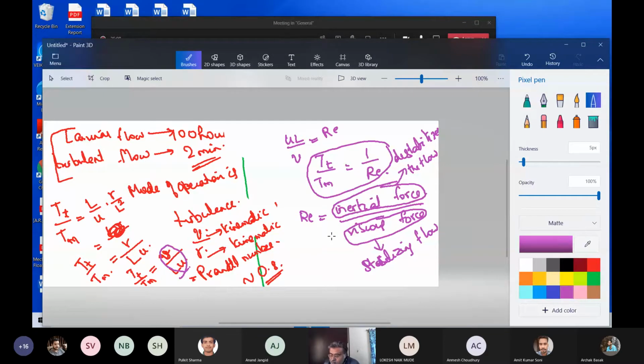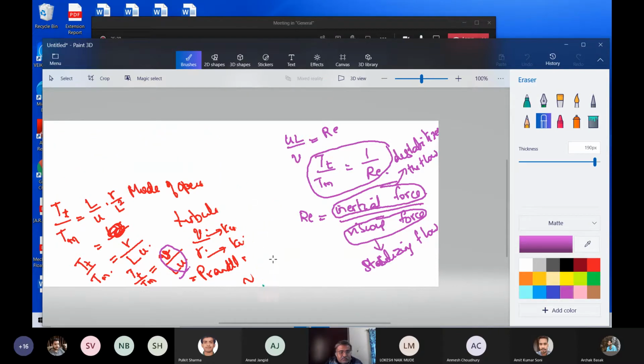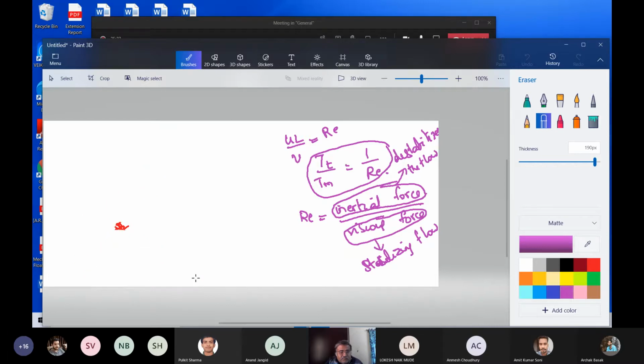Now we will talk about something which you most likely have not heard of, something known as eddy diffusivity.